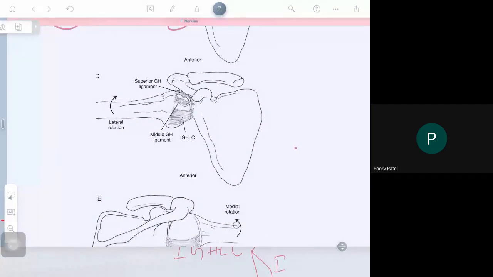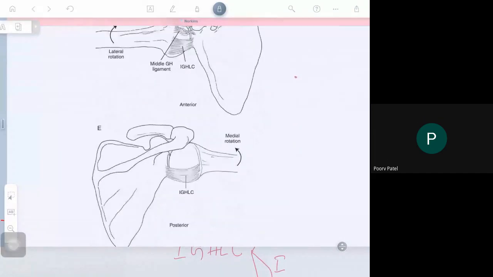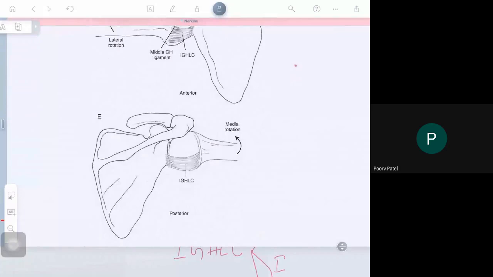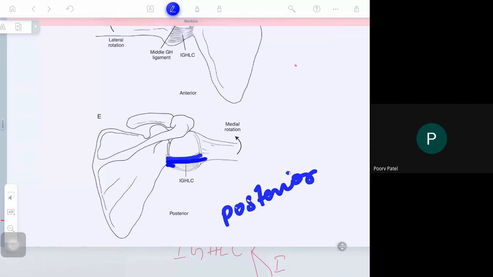Clear? So now you see here, this is the posterior direction. You see, this is what ligament? Posterior glenohumeral ligament complex, the posterior part of the glenohumeral ligament complex. Clear? This is medial rotation. That is front. You are rotating towards forward, so this will become taut.